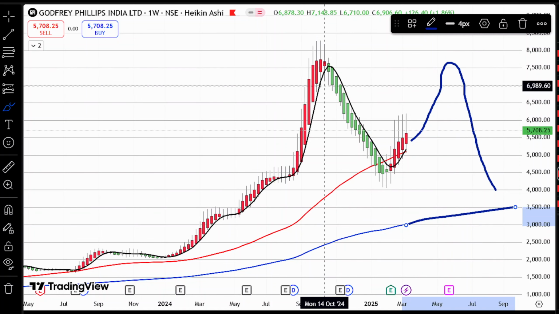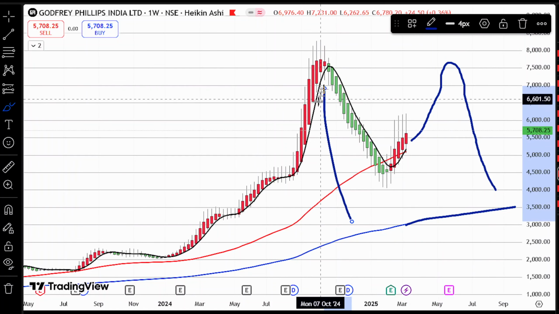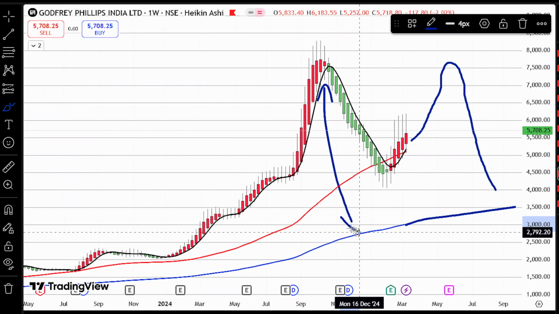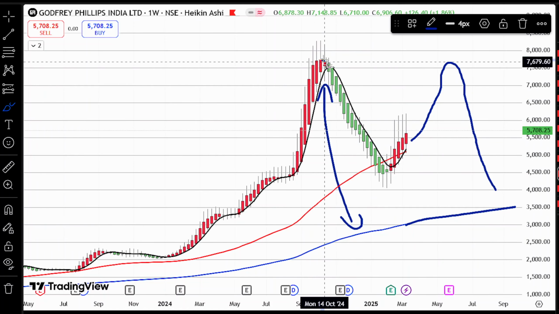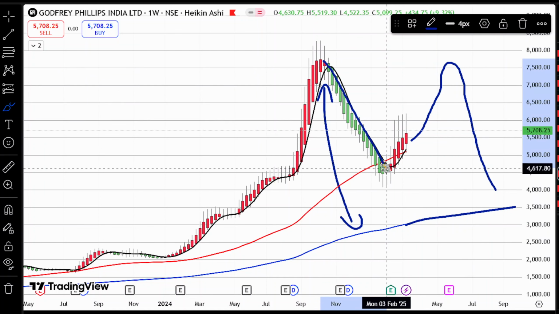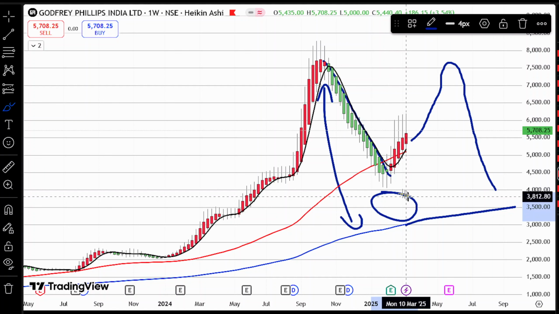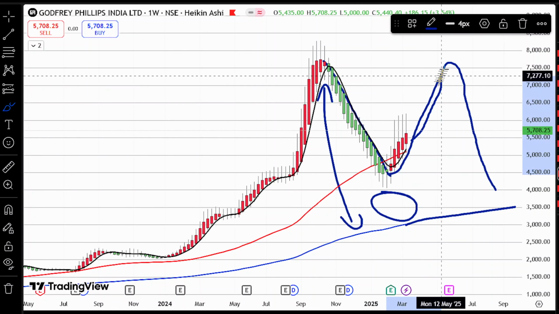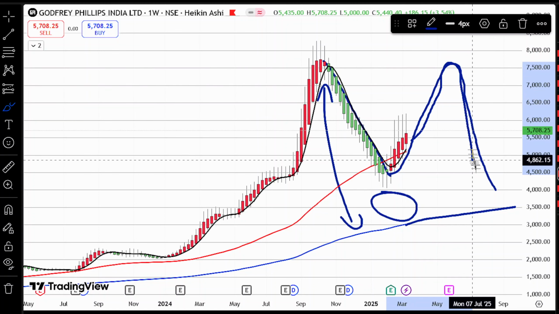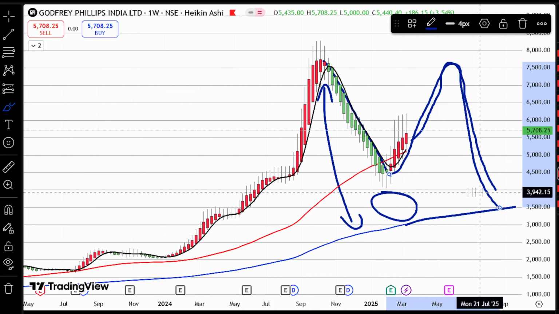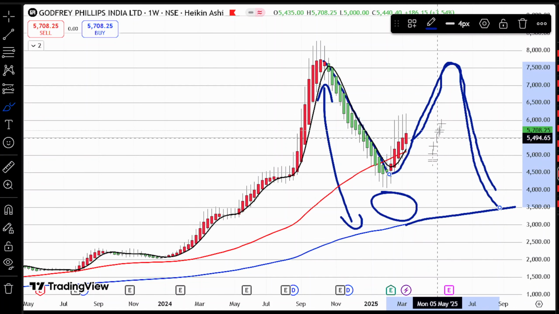As you can see here, when it's too far from the 200 week EMA, there is a tendency for it to try to bounce back to the mean, but here is still quite a distance from the mean. So it might be slowly grinding its way up here and then return to the mean somewhere here. It might become like that.